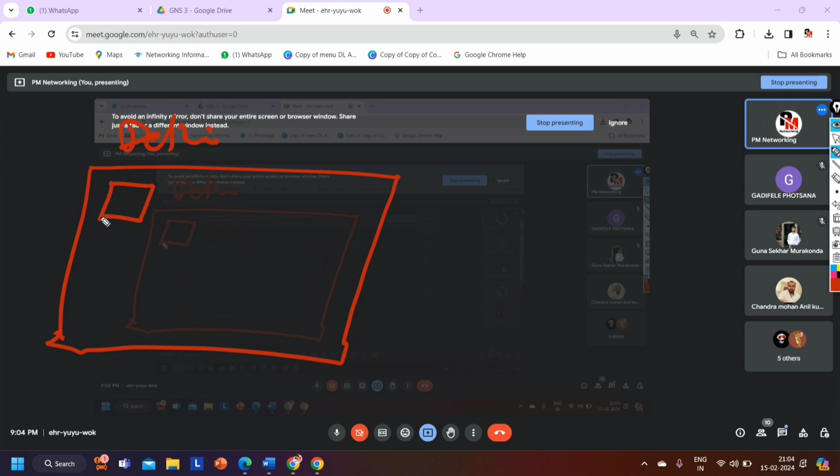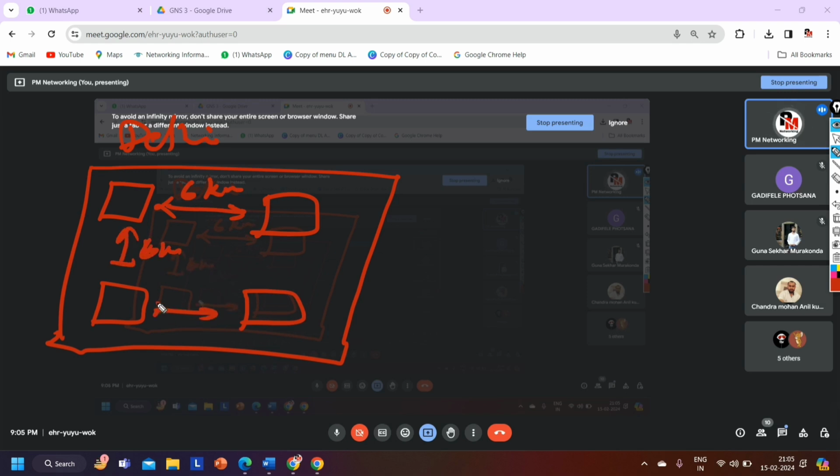One branch in, let's say, Gurgaon, one branch in Noida, one in another location, and one in another location. The distance between branches is, let's say, around 6 kilometers, or 10 kilometers, or 15 kilometers, right?